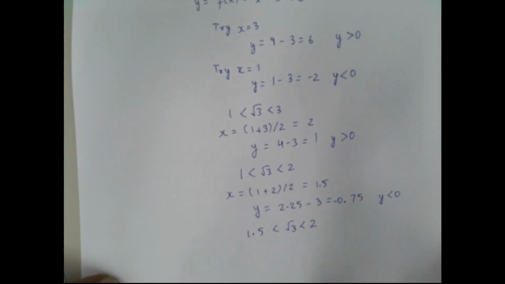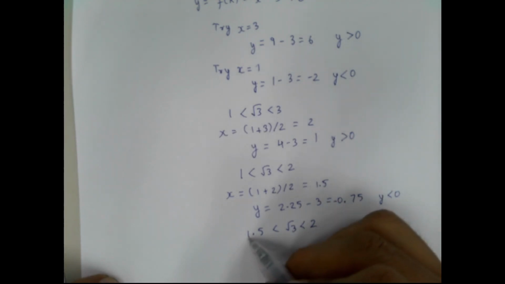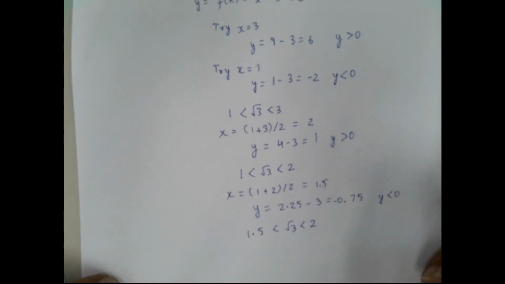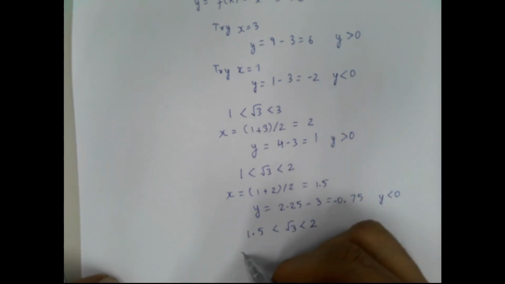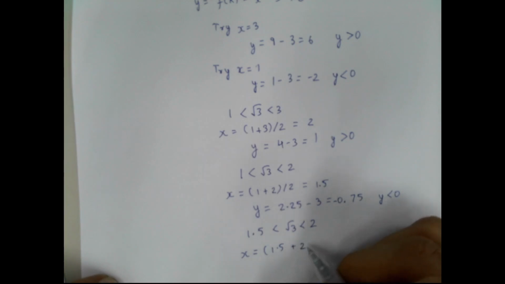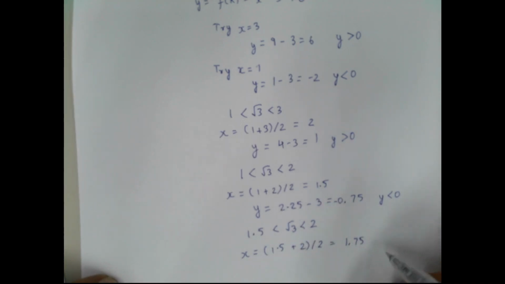Now remember, we are finding up to 2 significant figures. One significant figure has already been reached, that is 1. So taking the number between 1.5 and 2, 1.5 plus 2 divided by 2 is equal to 1.75.